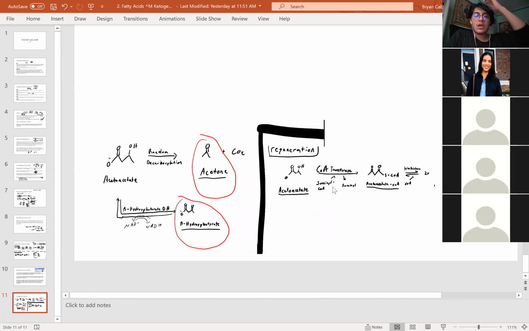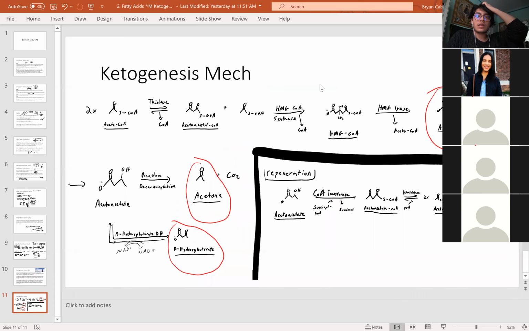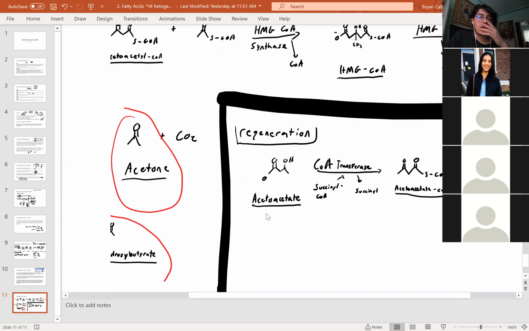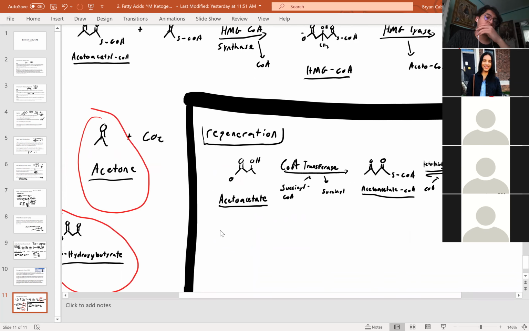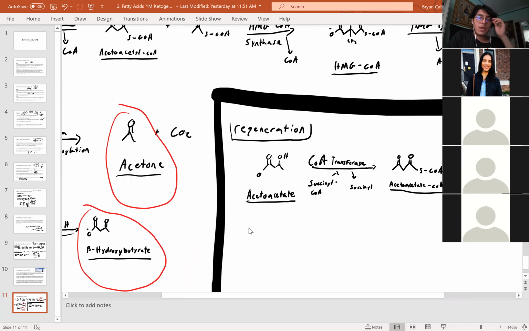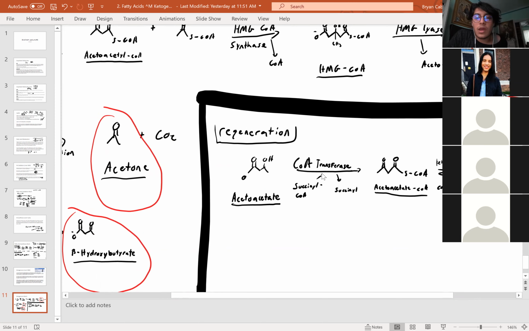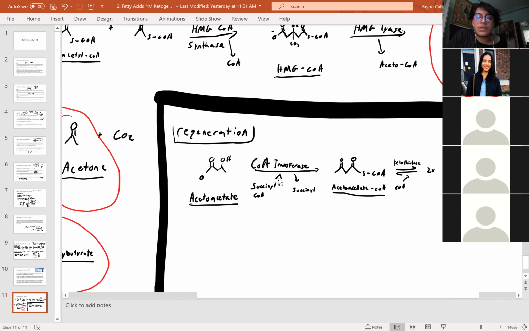And then lastly, when you get to your destination, wherever it is that you want to go, you just have to regenerate your acetyl-CoA. How do you do that? For example, you can form acetoacetate from your other structures, less likely from your acetone, but mainly from your beta hydroxybutyrate. So for the regeneration step, you're taking your acetoacetate and using a CoA transferase.